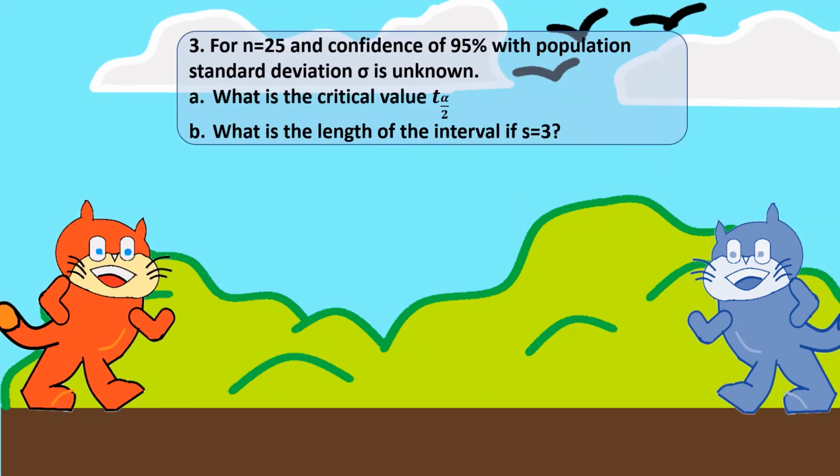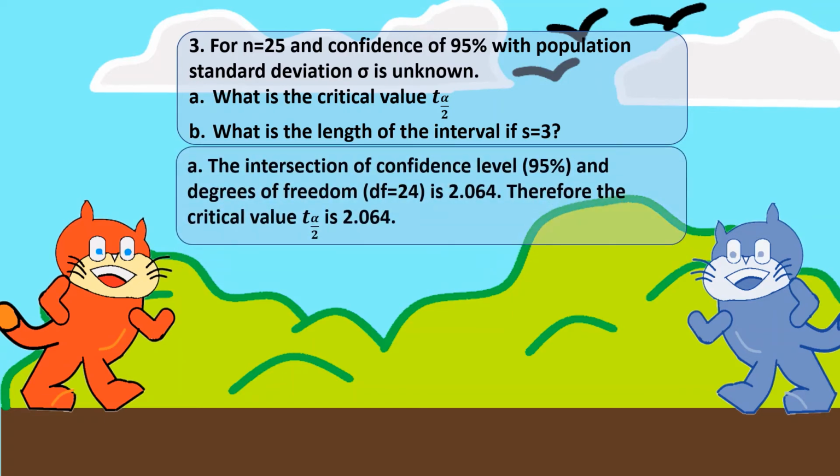Third example, for n equals 25 and confidence of 95% with population standard deviation unknown. What is the critical value of t and what is the length of interval if s is 3? So the critical value is the intersection of confidence level 95% and degrees of freedom 24.